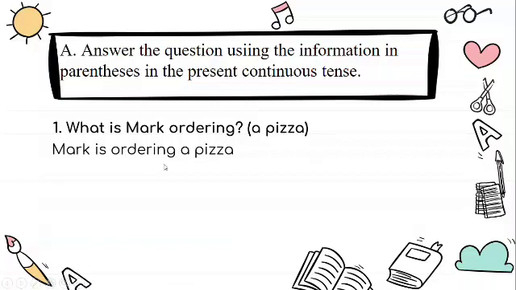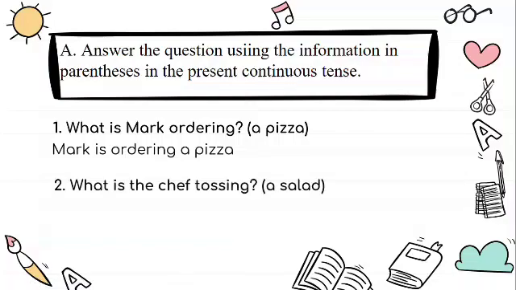Okay, so now the number 2, we have, what is the chef tossing? Okay, entonces necesito que detengan el video un ratito y piensen de qué manera podríamos responder esta pregunta. ¿Cómo nos quedaría esta respuesta?